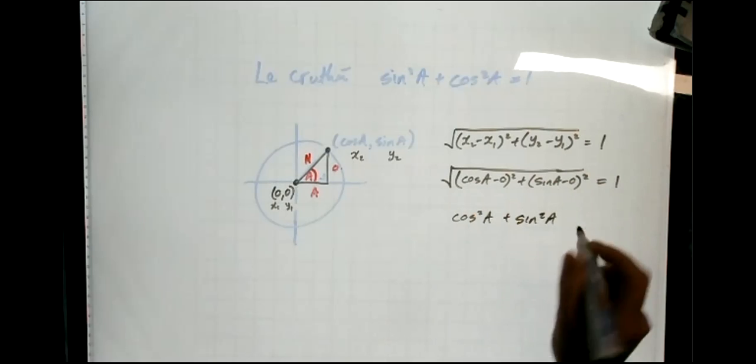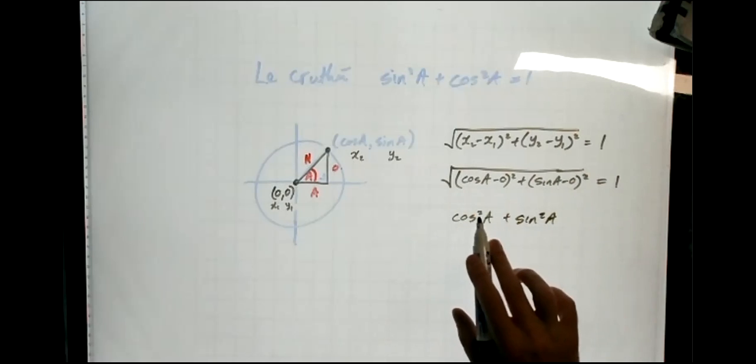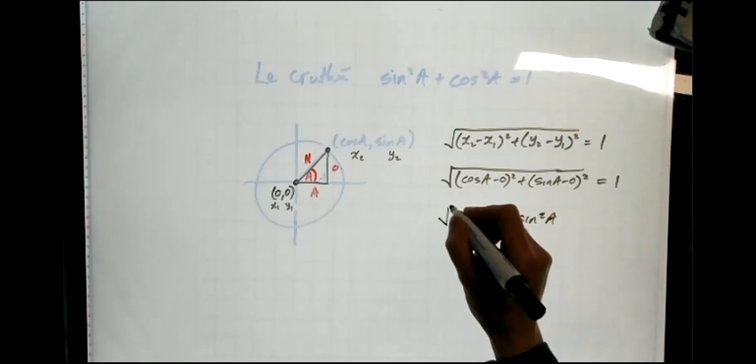Because cos A, for cos A you use the cos squared A, and the square root.